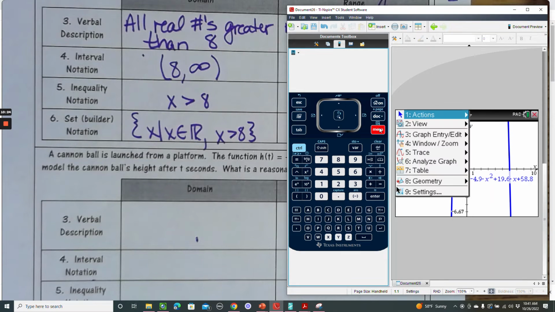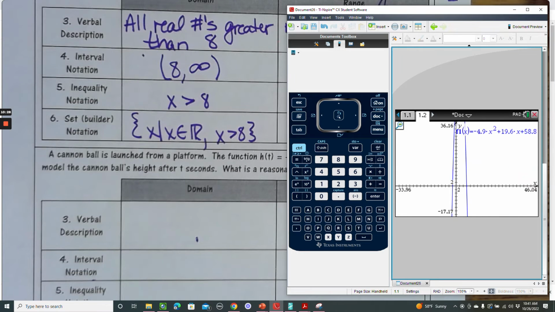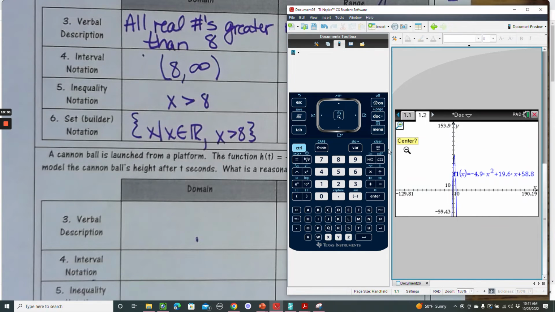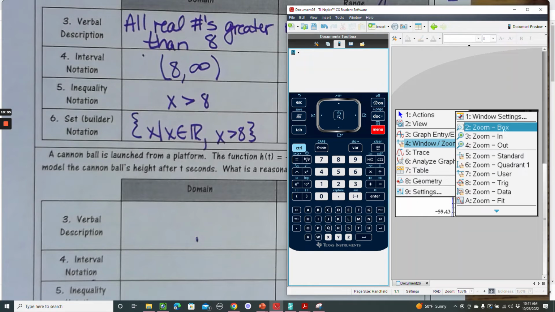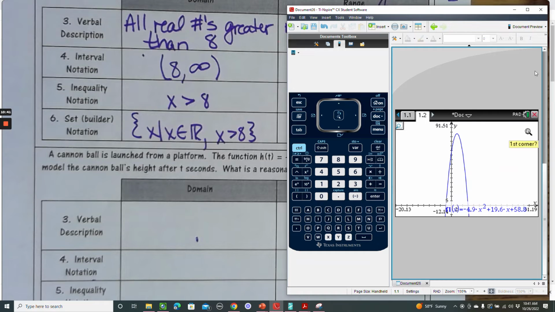I can zoom out, menu, zoom, 4. I can kind of see what it looks like. I want to show you another cool feature of these calculators. If you do menu, 4, and then box, you can select just the portion you want to be looking at, and it gives you a better view.